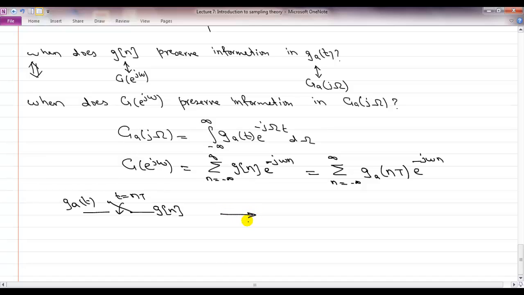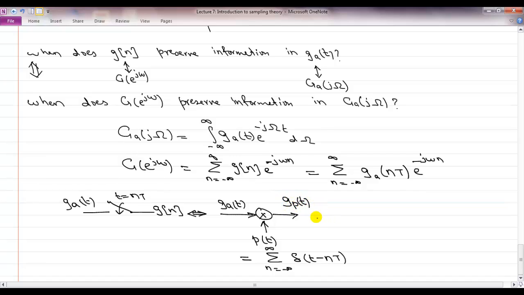We get g_a(t), and then we first multiply that with another continuous signal called p(t), which is a periodic impulse train. It is defined as the sum over n from minus infinity to infinity of δ(t − nT). So it's a combination of impulses every capital T seconds, and the output I define as g_p(t).